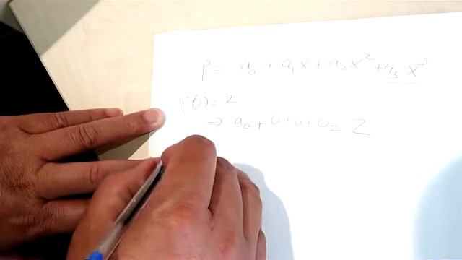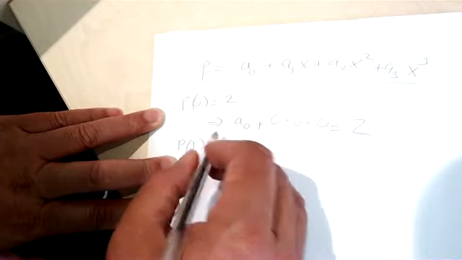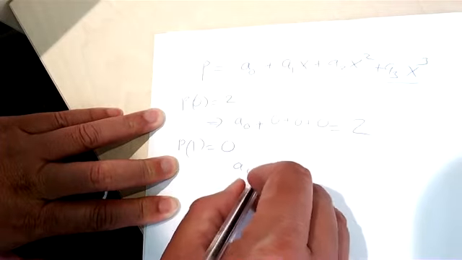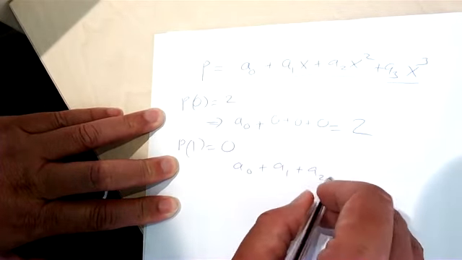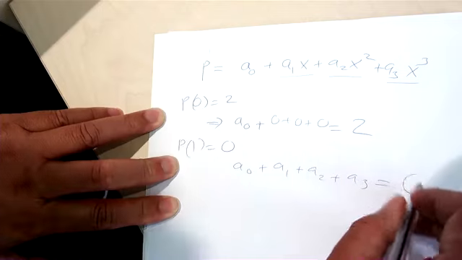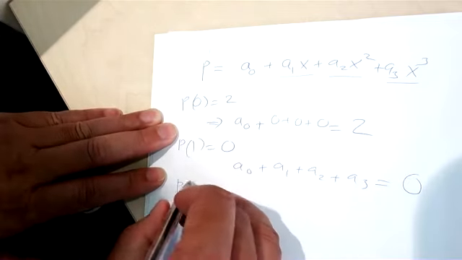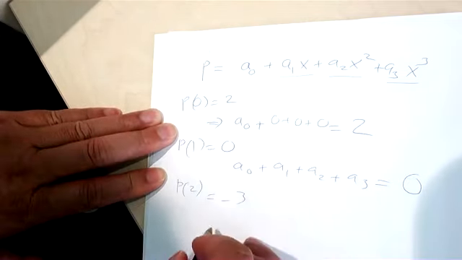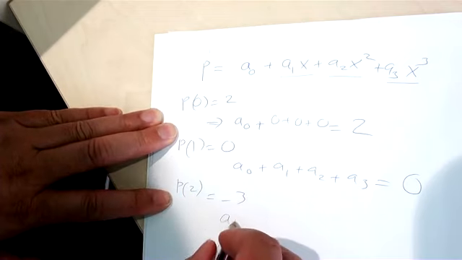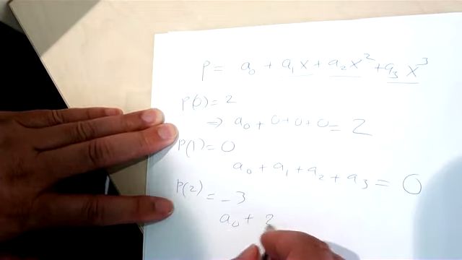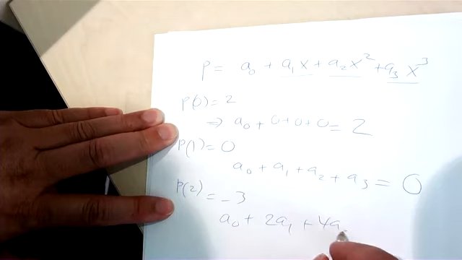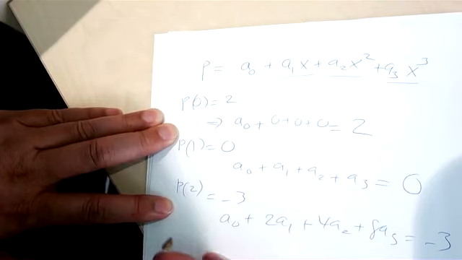And now you have P(1) equals 0. So then you have A0 plus A1 plus A2 plus A3 equals 0. And so on. So P(2) equals minus 3, and then you have A0 plus 2A1 plus 4A2 plus 8A3 equals minus 3.